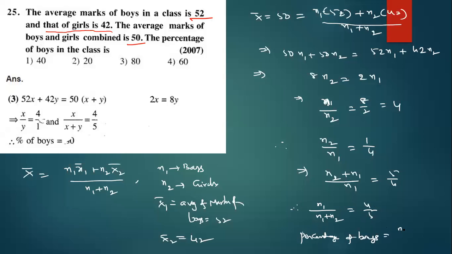So what do you get here? 520 is there, means 20. 20 into 40 means 80. Answer is 80. Number of boys by total number of students into 100. That's the concept for the percentage of the boys.